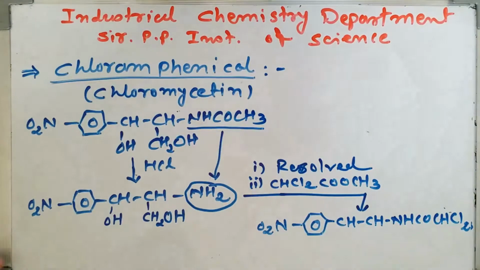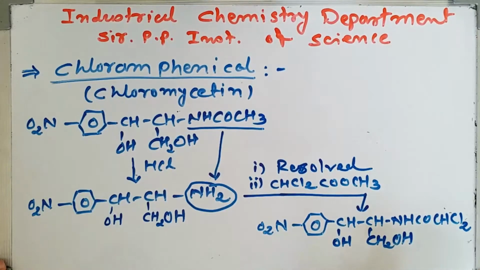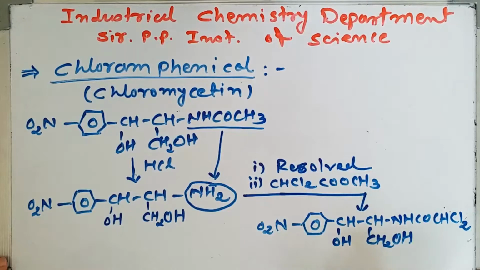So here is CHCl2 and the remaining OH, CH2OH. It is known as chloramphenicol or chloromycetin.